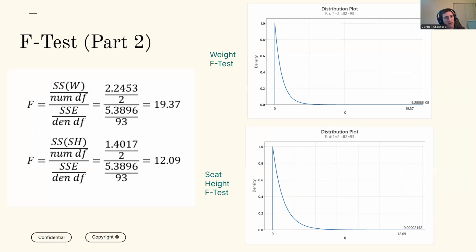And here's the f-test for our two factors. And we got high f values, which resulted in two low probabilities, showing that these two factors were significant in affecting the response.